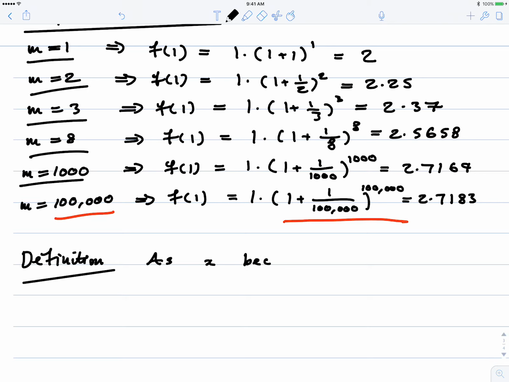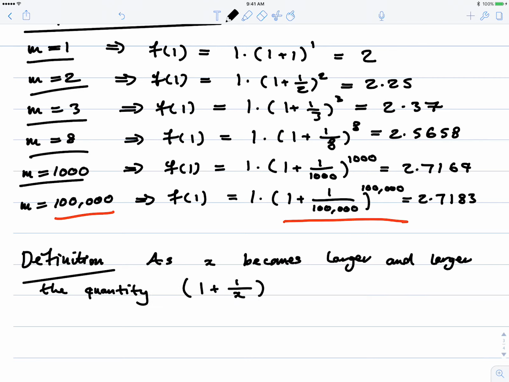As x becomes larger and larger, the quantity 1 plus 1 over x, to the power x, gets closer and closer to a fixed constant.